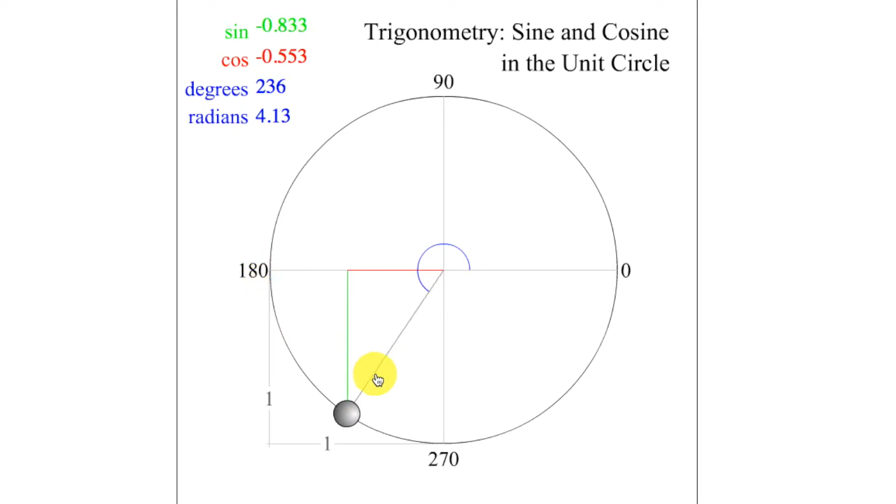I can continue on, and then after I've done one full revolution of the circle, you'll see, oh, very close, try and get this exactly, that I have one full revolution of the circle, 360 degrees, or 6.28 radians, which you would also recognize is 2 times pi. 2 times 3.14 gives us 6.28.